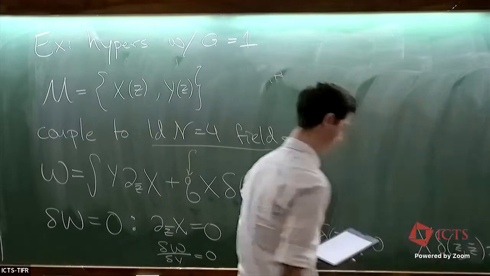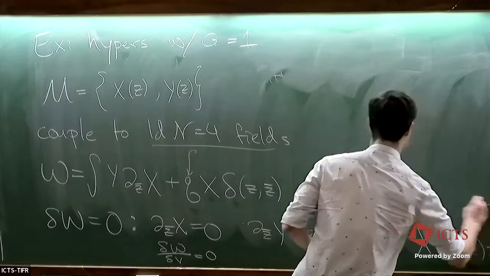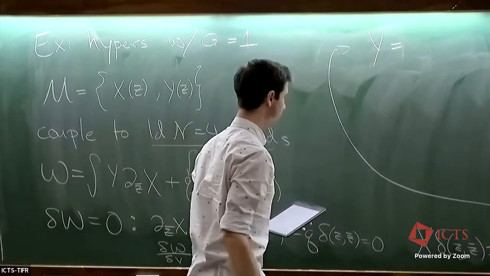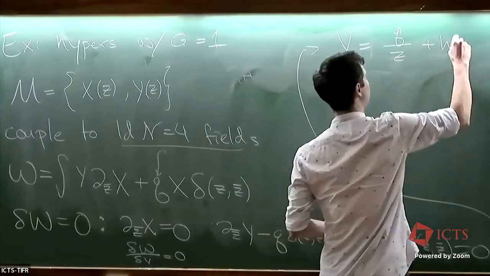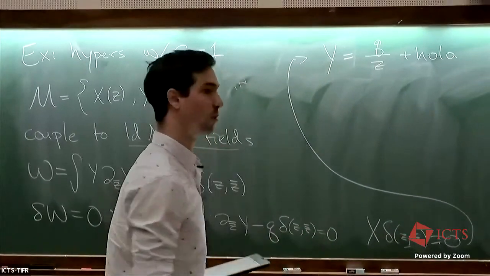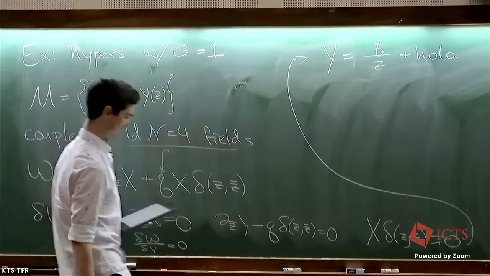In particular, we see that y has the following behavior. It looks like q over z plus something that's holomorphic. So it's got a simple pole with coefficient given by the field q.